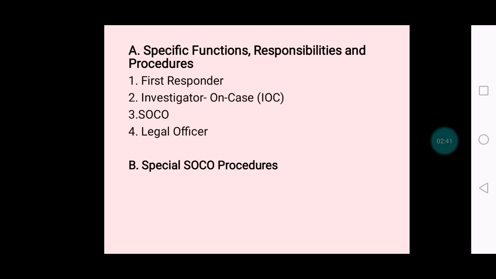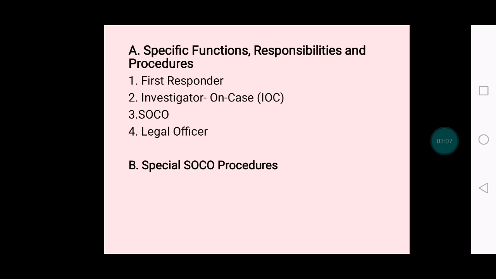They will make a thorough assessment of the crime scene based on the briefing of the FR. They will coordinate with the PNP Legal Service for the filing of appropriate motion for the release and disposition of submitted evidence after the case is dismissed at the prosecutor's office or resolved by the court.